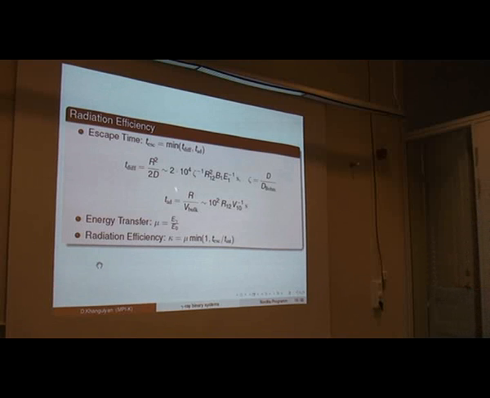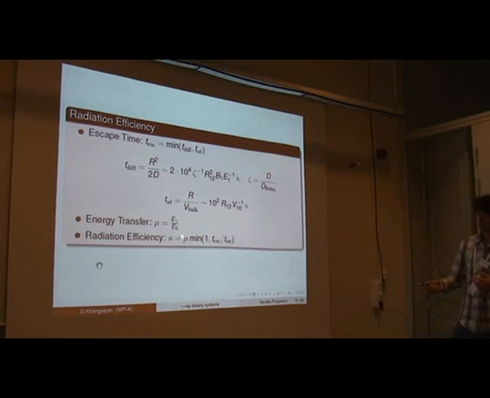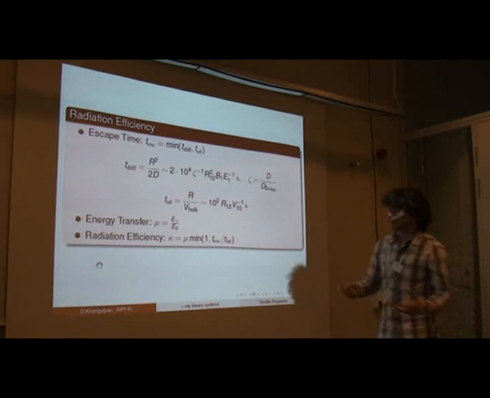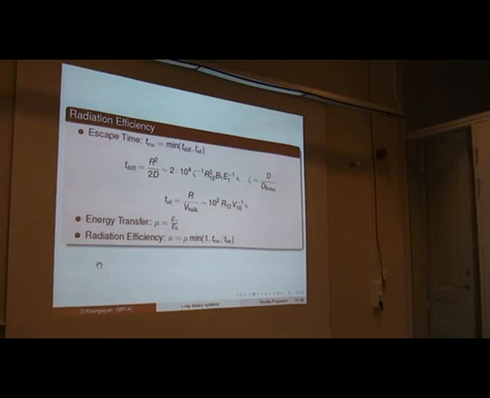And if we compare this escape time scale to the cooling time scale and multiply by the energy transfer, because at each interaction event only a fraction of the current particle energy is transferred to the gamma ray, and for different mechanisms this fraction is different, then by multiplying the ratio of the escape to the cooling time by this energy transfer fraction, we get some kind of general radiation efficiency coefficient.